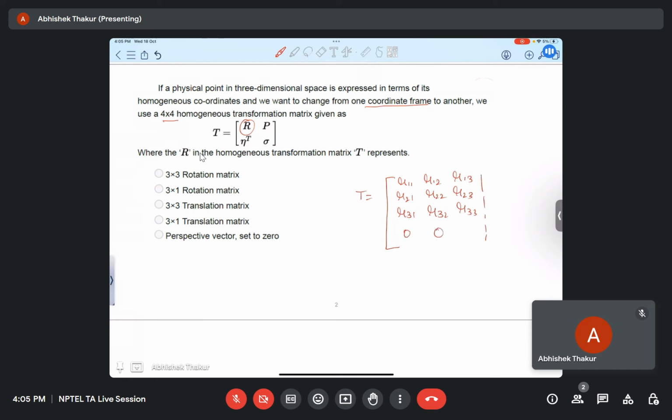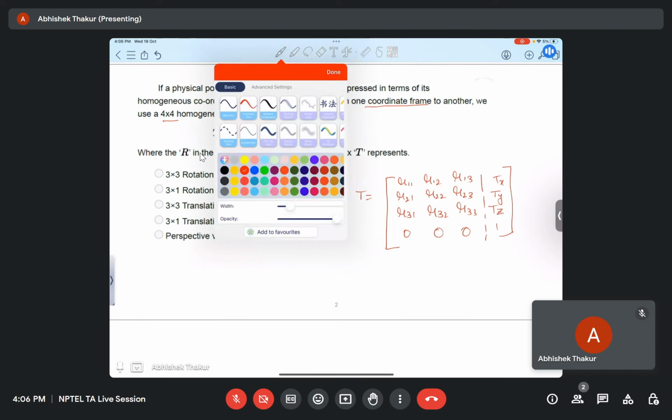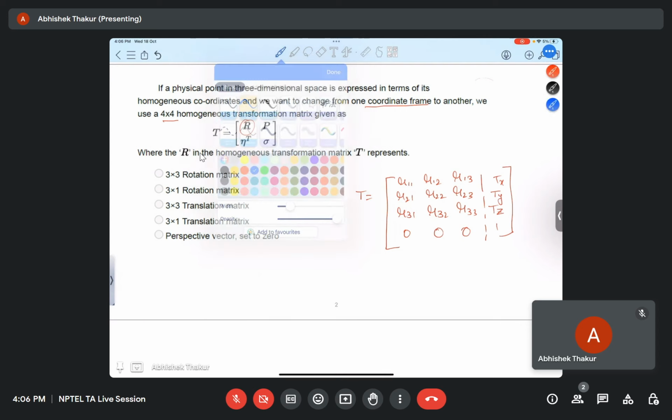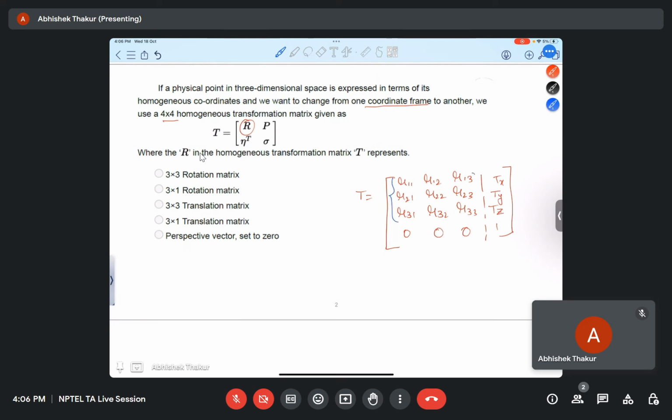The bottom row is 0, 0, 0, and this is the position vector, Tx, Ty, Tz, and this is 1. So here this is our R, and R is the rotation matrix, which is 3 cross 3. It is a very simple question.